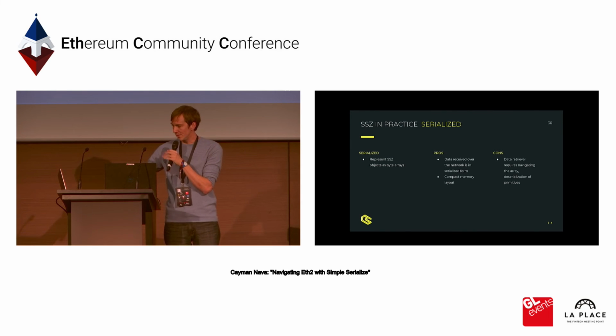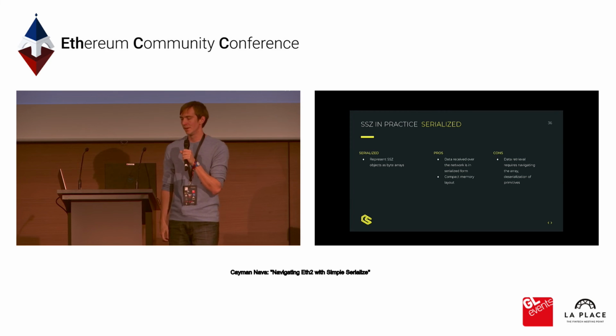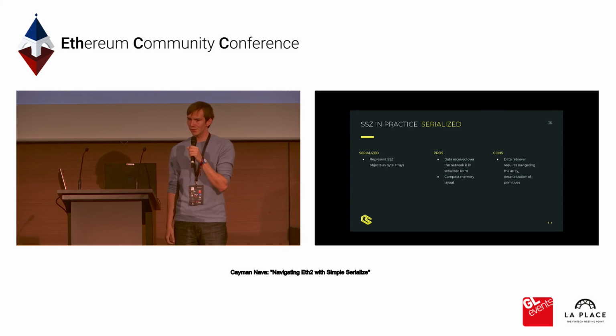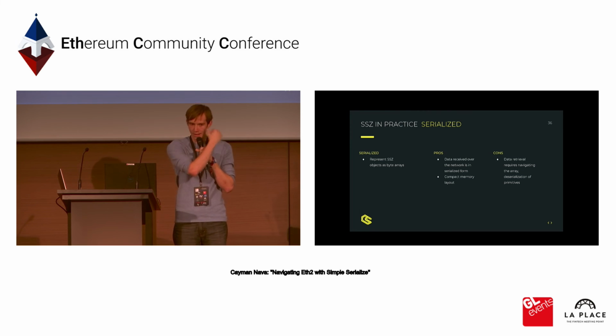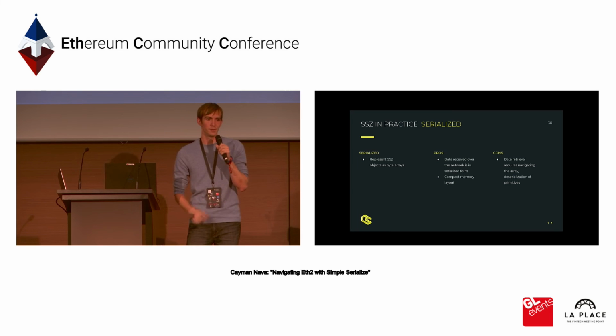And then very briefly, dealing with serialized data. You can imagine this as just a byte array that has all of the data in it. This is great because all the data that we get over the network is serialized in byte arrays. Maybe you only want to check one small piece of a very large serialized data structure.